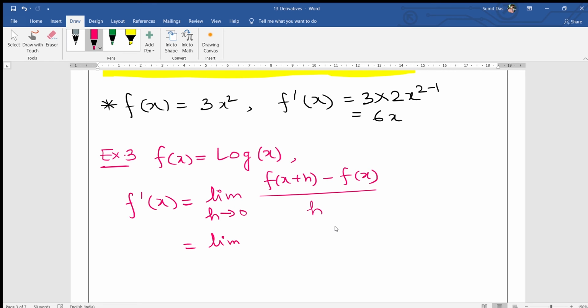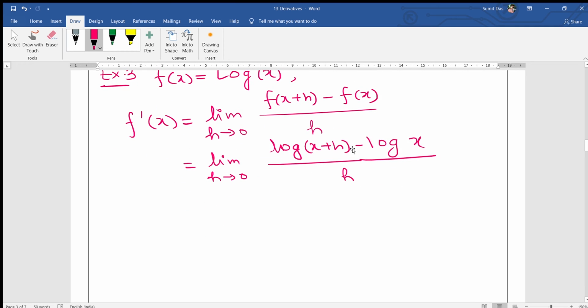So limit h tends to 0, f of x plus h will be log of x plus h minus log x, divided by h. If you remember the log properties, when it is minus, it will be divided, right?